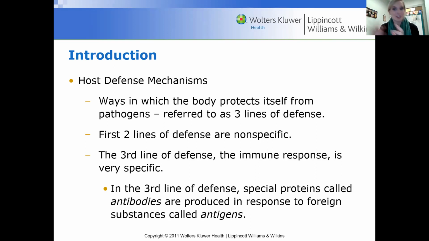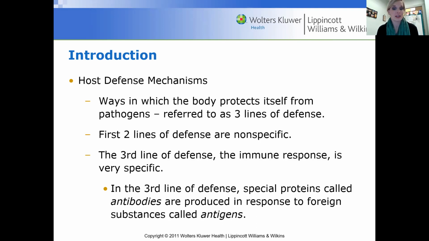We'll touch on that in chapter 16, where that's going to be specific, only looking for one particular type or strain of a certain pathogen to fight that off. Non-specific means that anything that doesn't belong in our body, we are going to do everything in our power to keep that out of our body or to at least fight it off.